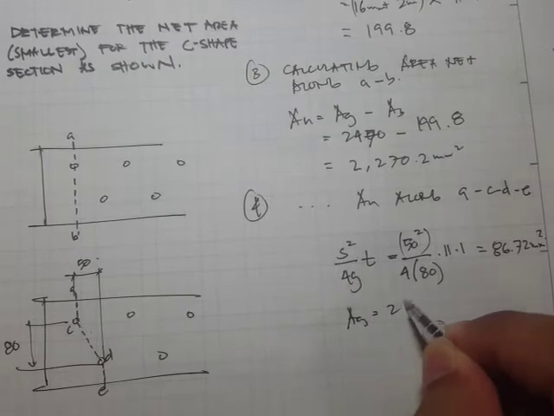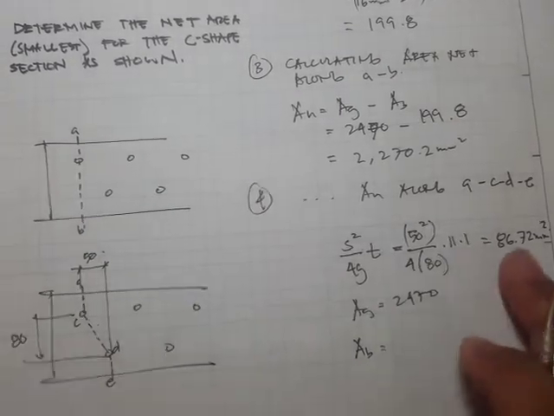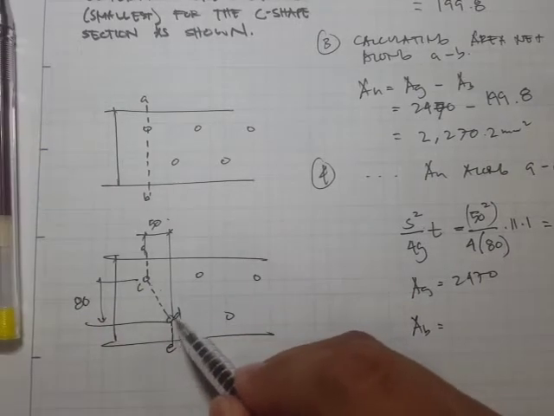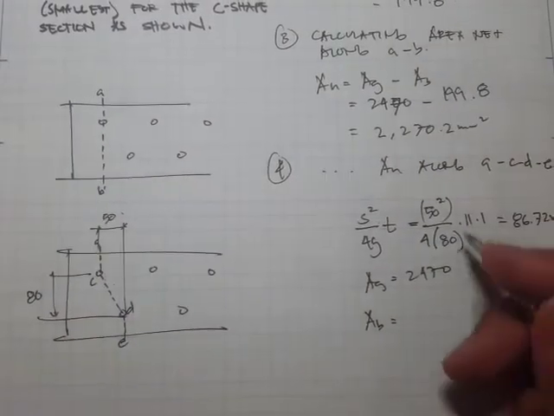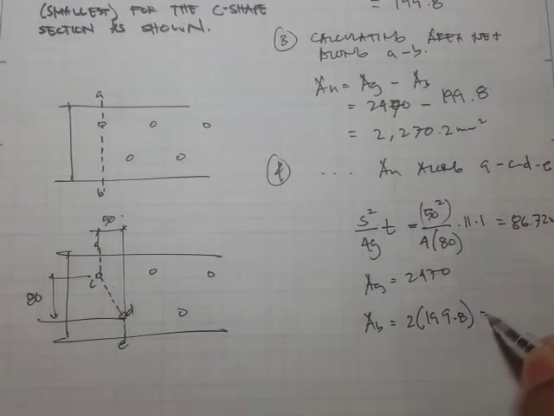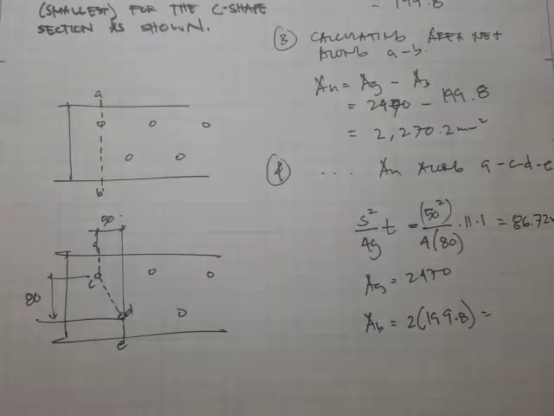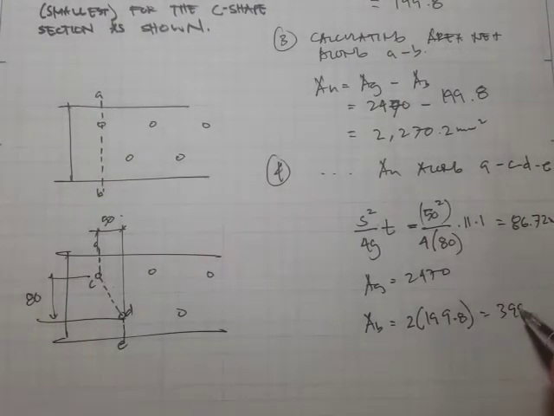Okay, so this is our staggered factor, and our gross area A_G is 2470. Our area of bolt, since we have two bolts here, is 2 times 199.8, which is equal to 399.6.